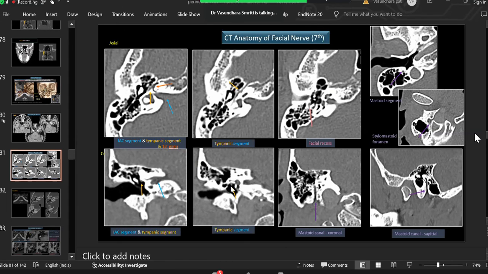Just underneath the lateral semicircular canal, you see this dot, that is the tympanic segment of the facial nerve. It continues behind till it again takes a 90-degree turn, that is the second genu. The second genu then continues behind like a soft tissue in the mastoid space, which we call the facial recess. You can see the mastoid segment as a soft tissue opacification in the mastoid air cells, and it comes out through the stylomastoid foramen. So this is how we can reconstruct it.